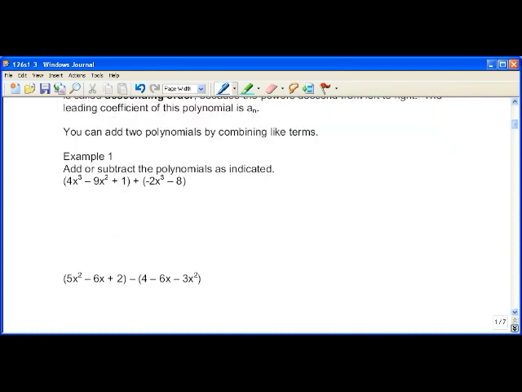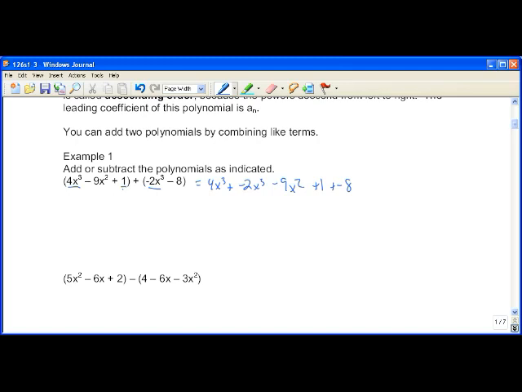So let's add or subtract the polynomials as we have indicated here. We have 4x cubed plus negative 2x cubed, so I'm putting the x cubed parts together. Those are like terms. Minus 9x squared. Then we have a plus 1 plus a negative 8.